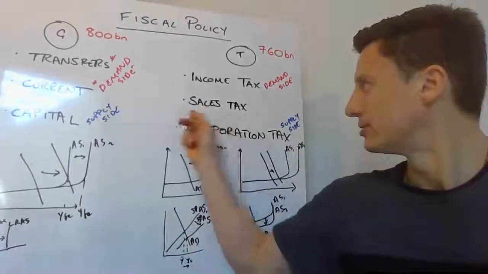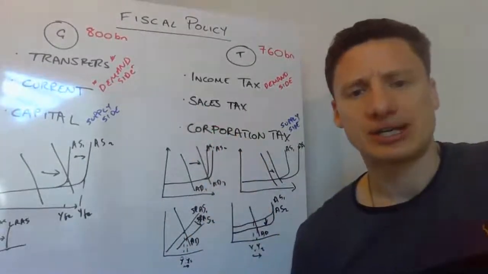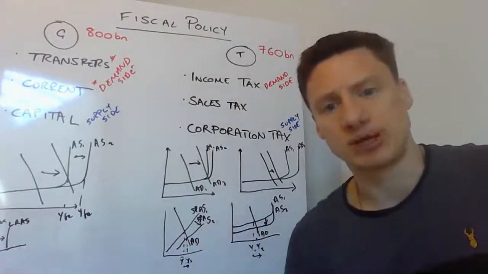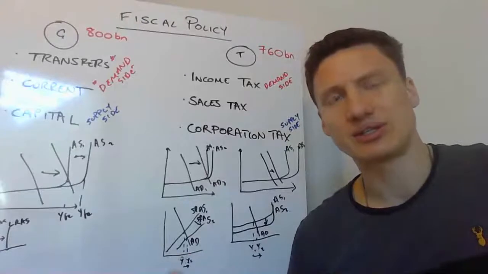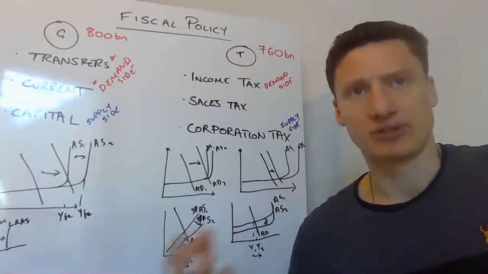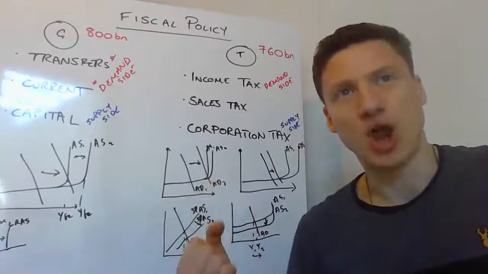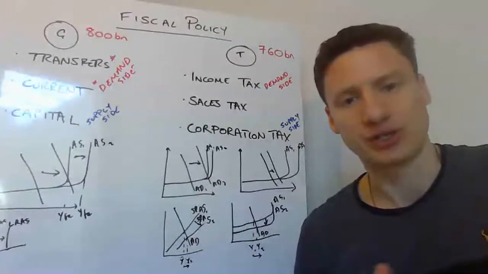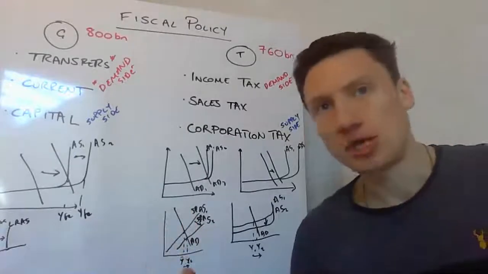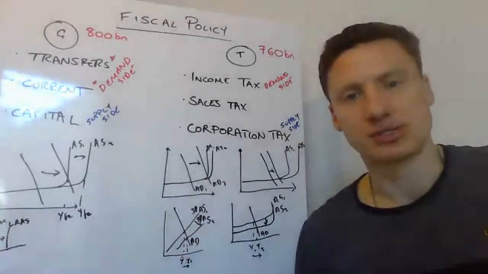So for me, I don't think sales taxes really come into the bracket of demand side or supply side. Okay, it doesn't shift the AD curve for me very much. If at all, I see it as a movement along the AD curve rather than a shift of the AD curve. And it doesn't shift the long run aggregate supply curve.